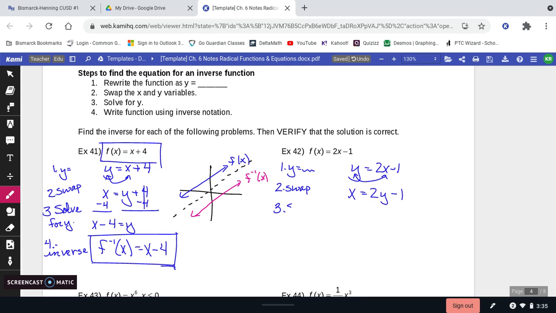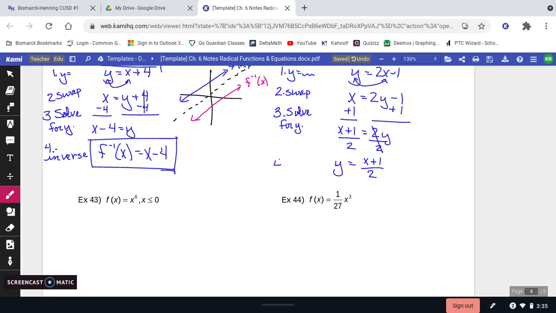Okay, step 3, we're going to solve for y. All right, so solve for y. First thing I'm going to do is I'm going to add 1 to both sides. So x plus 1 equals 2y. All right, then I'm going to divide by 2. So y equals x plus 1 divided by 2.